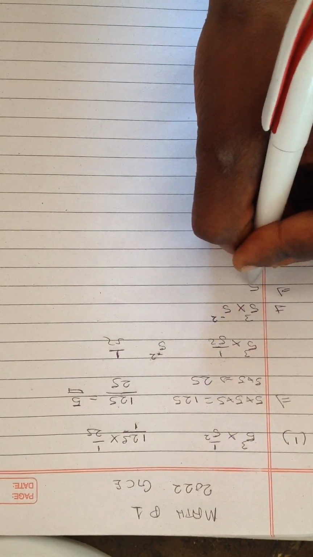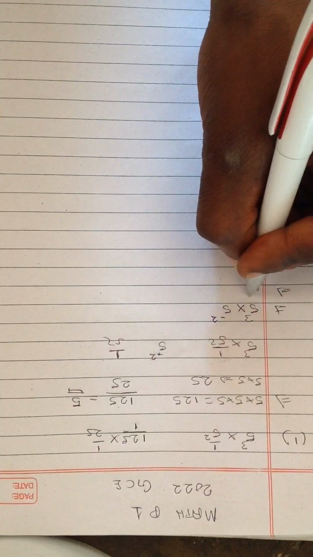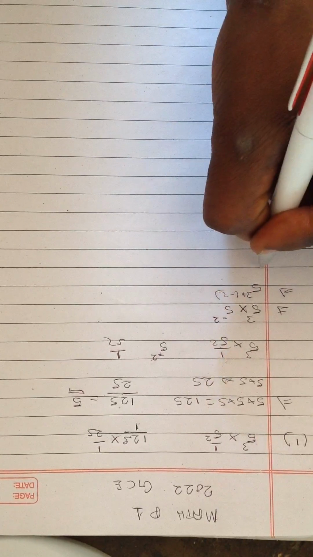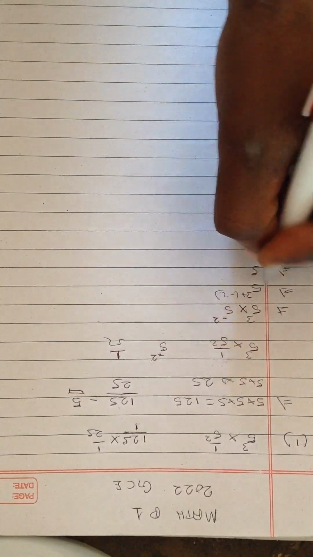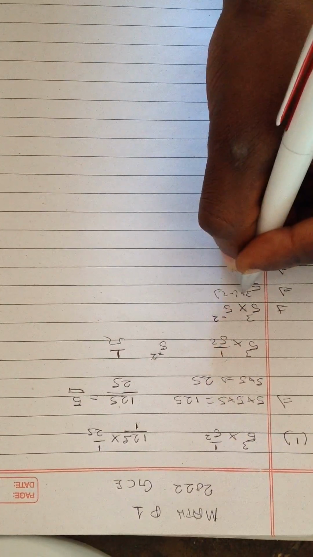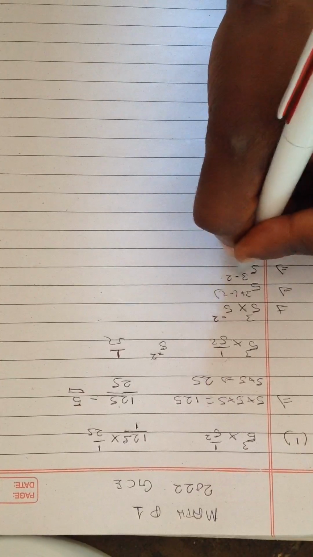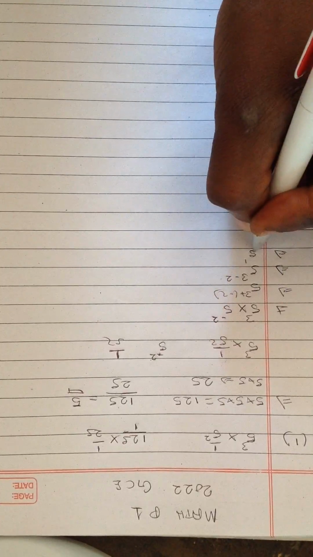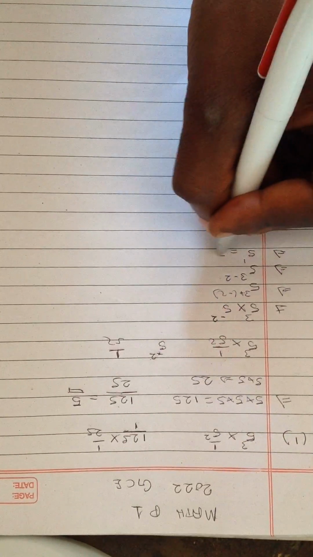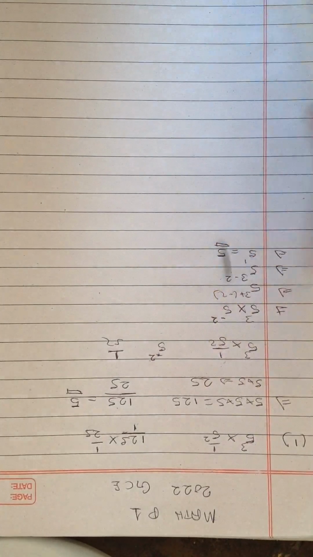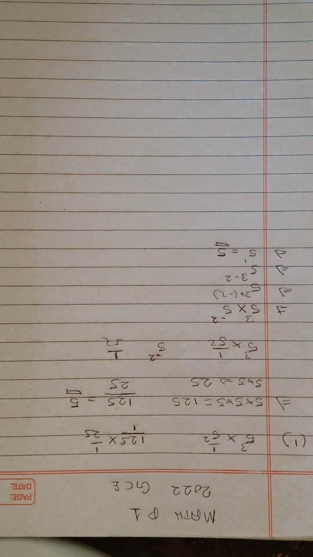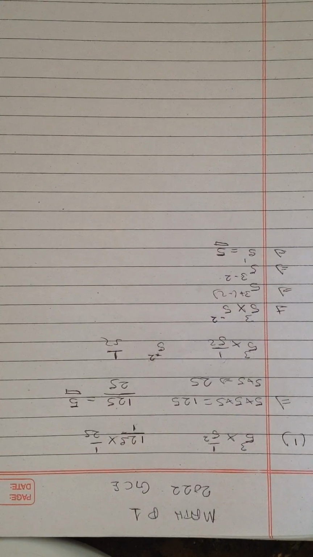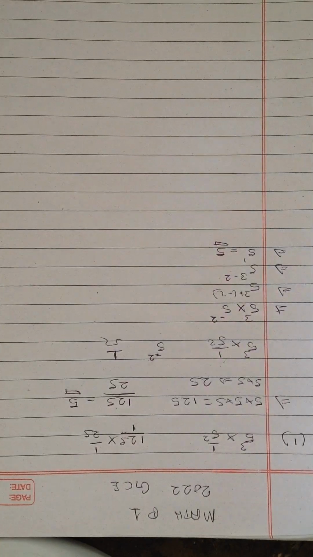I keep the base, which is 5, then add the powers, 3 plus negative 2, which is 1. So it will be 5 raised to power 1, which is 5. Still the answer comes out as 5. So you can solve this directly using fractions, or by applying the rules of indices.